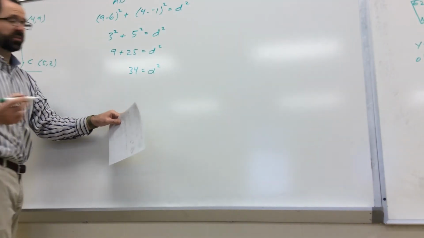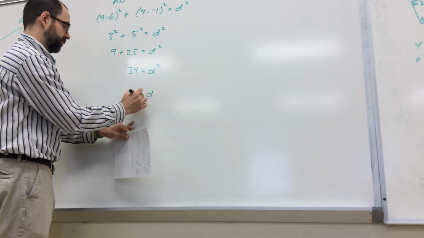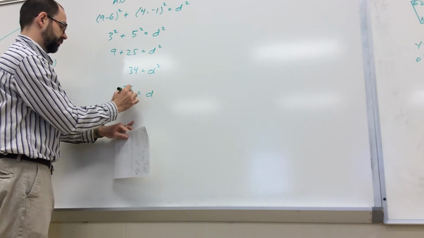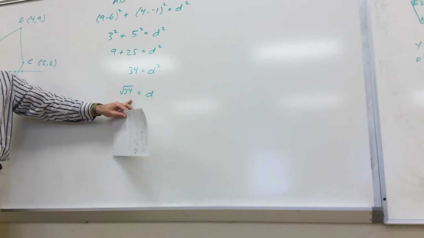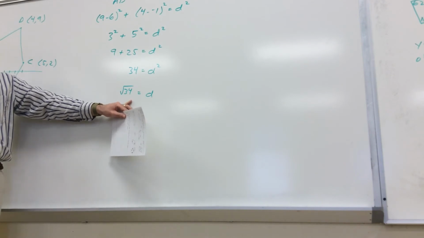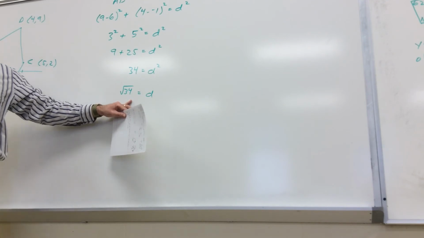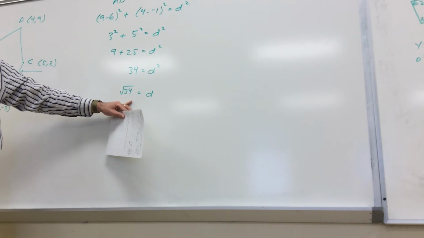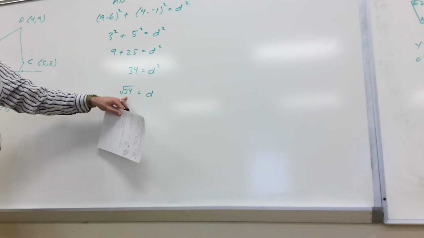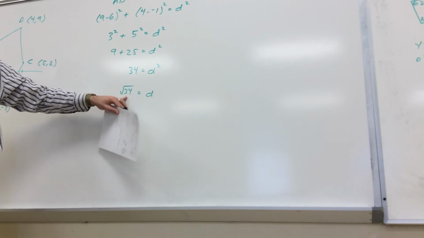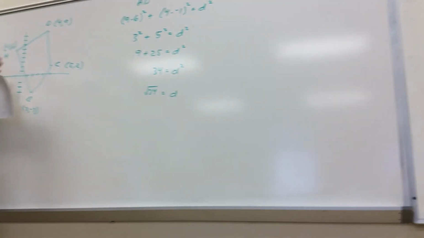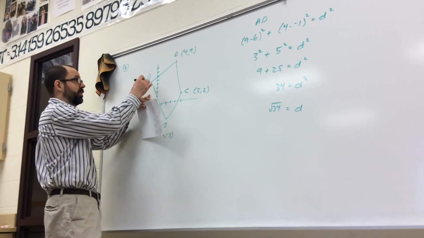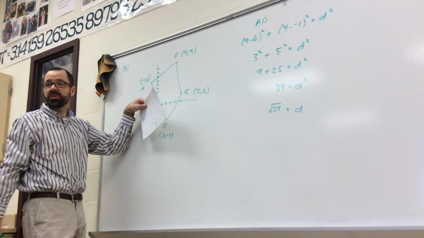And square root both sides. You could go ahead and take the square root of 34, but it's a big, nasty decimal. I think it's around 5.7. I'm just guessing. Better to leave this then, because then you don't have to round. So that means that if you had a ruler and you measured from there to there, it would be 5.7 centimeters.